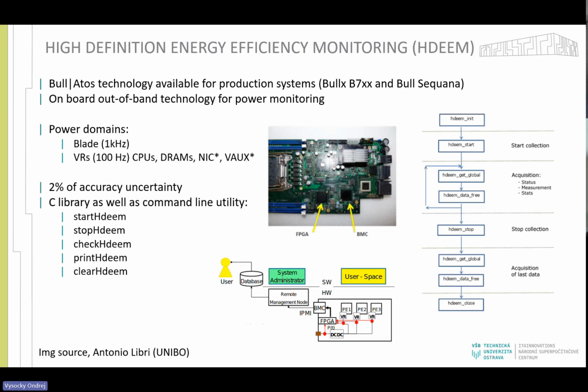An example of an out-of-band solution is HDEEM, which is hardware accommodated directly on computing boards, blades, developed by Bull in cooperation with TU Dresden, more than a few years ago, and Bull does not exist anymore.